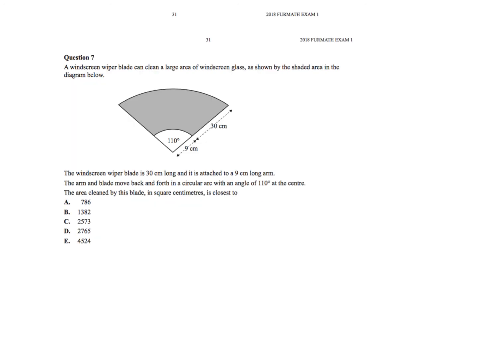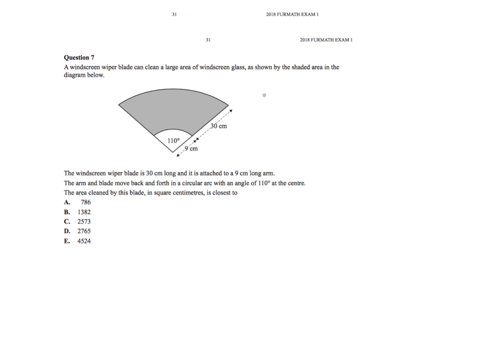All right. This last one that I'm going to do is the windscreen wiper. So you've got a sector of the circle, and really what you're saying is they say they want the shaded region.